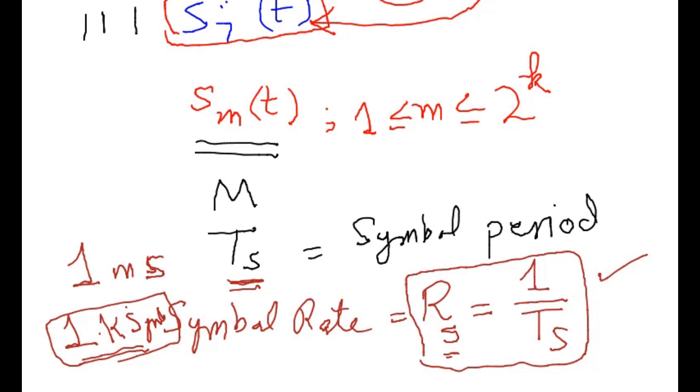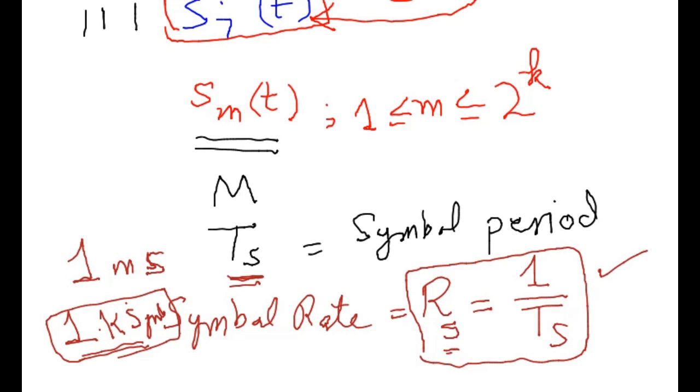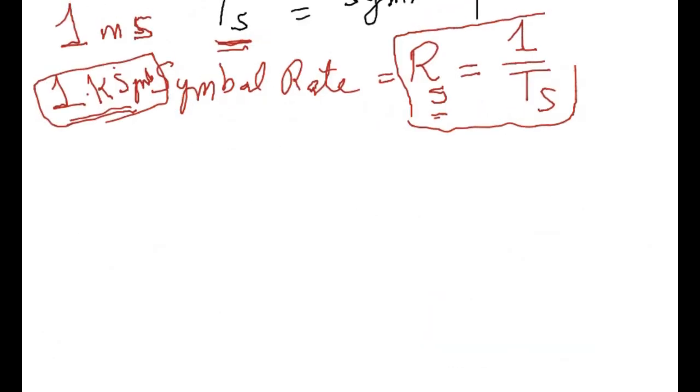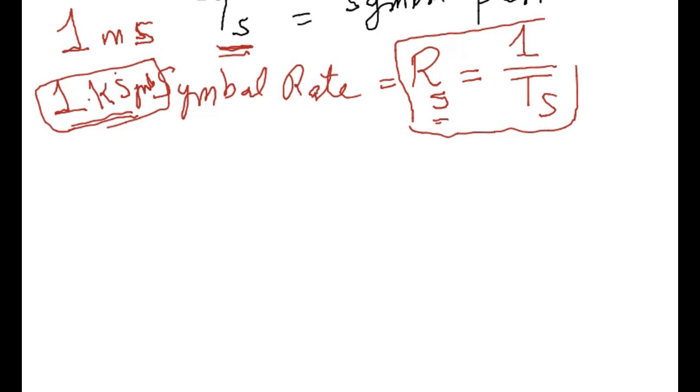Now, as I mentioned, each symbol carries k bits, so we can also find the bit interval. We represent our bit interval by T sub b.